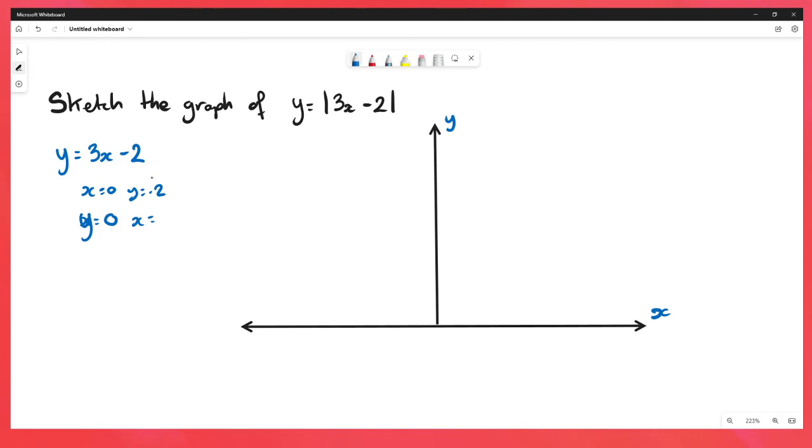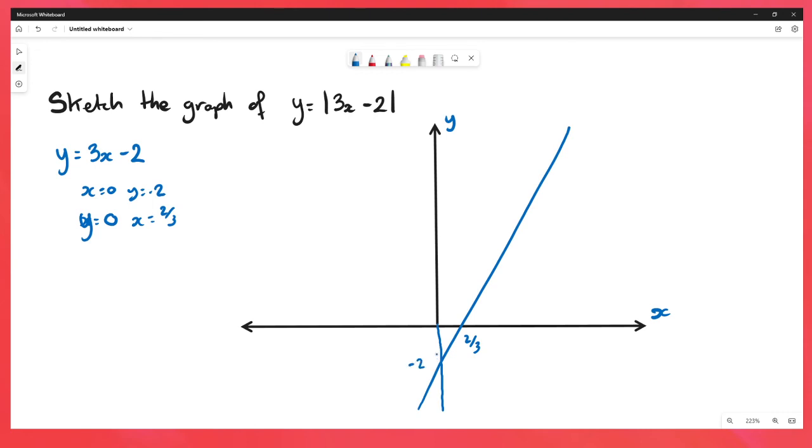In this case, it's at 2 over 3. So we can draw the graph. I'm going to extend this slightly. We can draw the graph of y equals 3x minus 2, and it's going to look something like this, where this is 2 over 3, and this is minus 2.